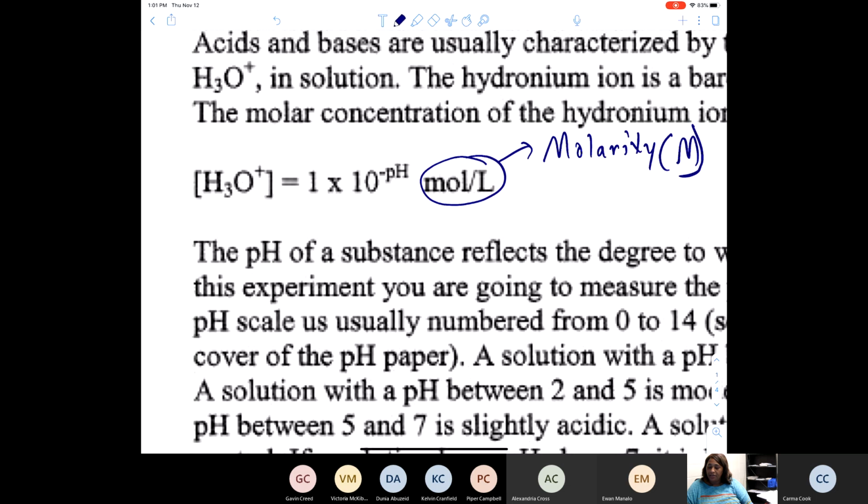So again, on your calculator, you just hit your shift and your log key, and that'll pull up that base 10. Then you just hit your negative sign and then put in your pH value. And then your calculator will give you your concentration in units of molarity.